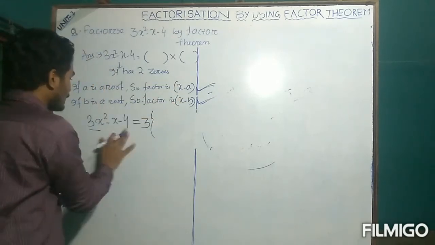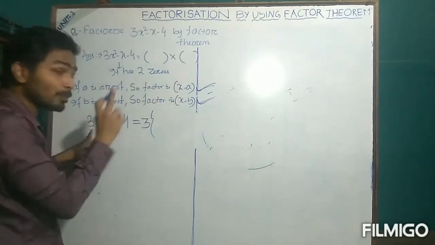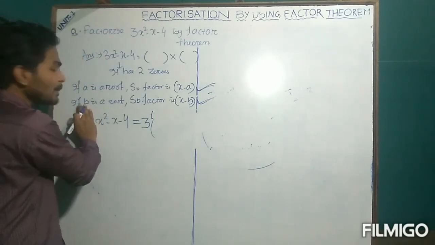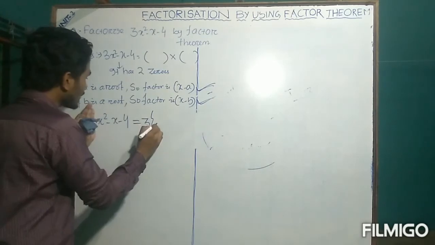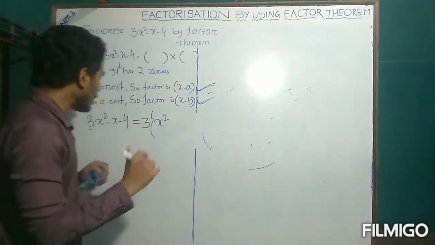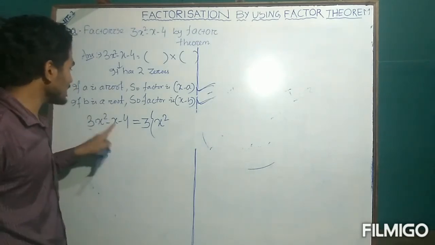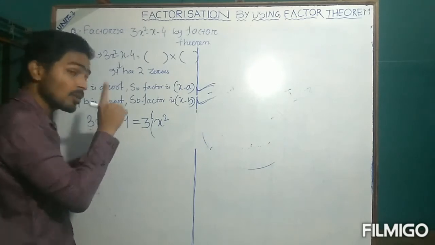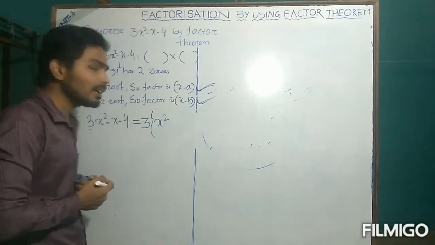So after taking 3 as common, from the first term, since the first term contains 3x square, 3 will be removed, so the remaining part will be x square. This is clear. Now coming to the second part. In the second part, the coefficient of x is minus 1, but we don't have 3.